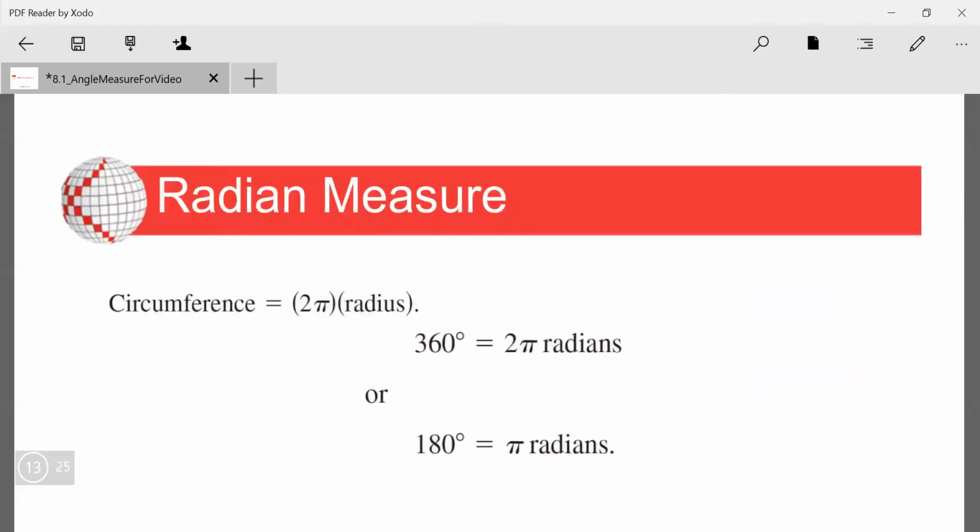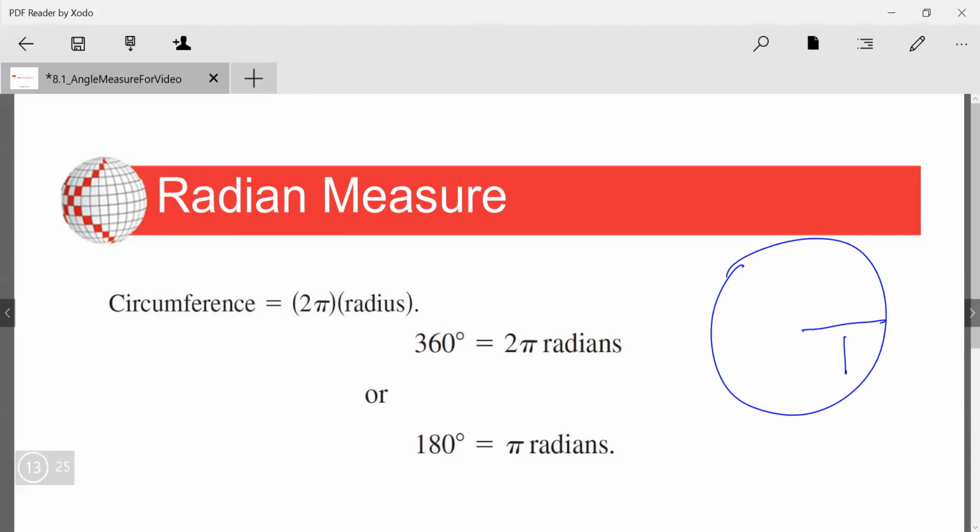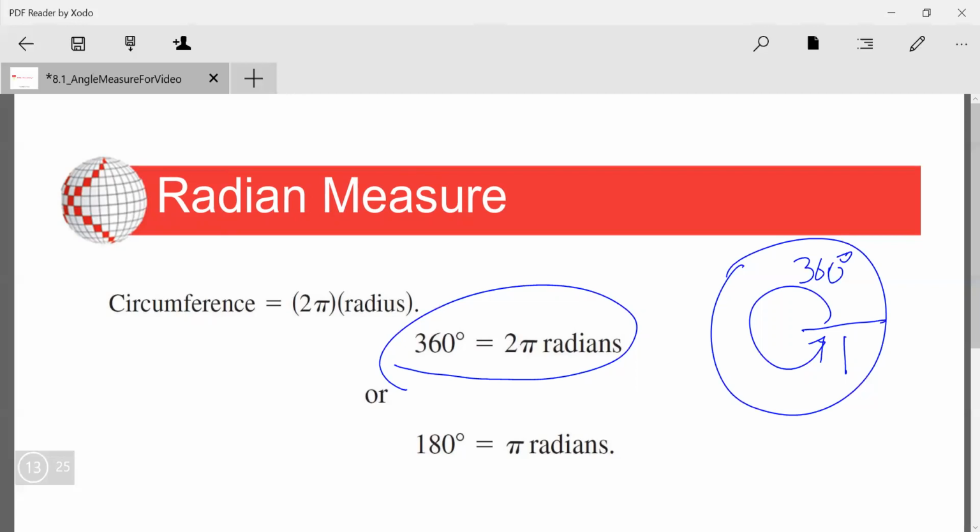Again, let's consider a full revolution. I have a circle here, and suppose the radius is 1, and consider this angle here. That's 360, right? And for a unit circle, the circumference is 2 pi times the radius. So it is 2 pi times 1, that's 2 pi. In other words, 360 degrees is the same as 2 pi radians.